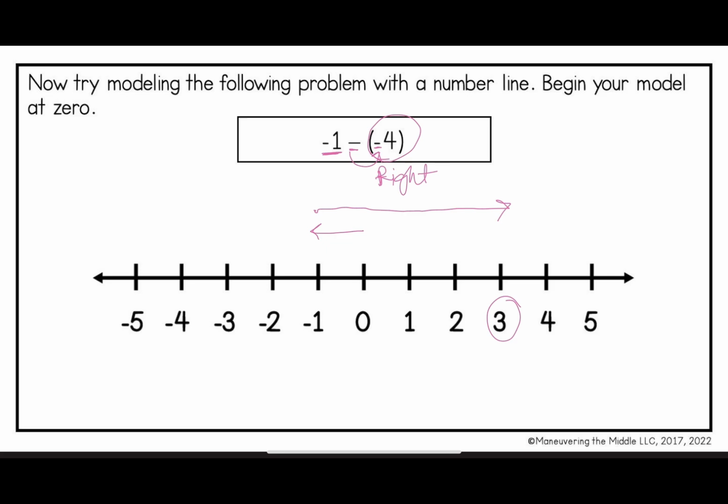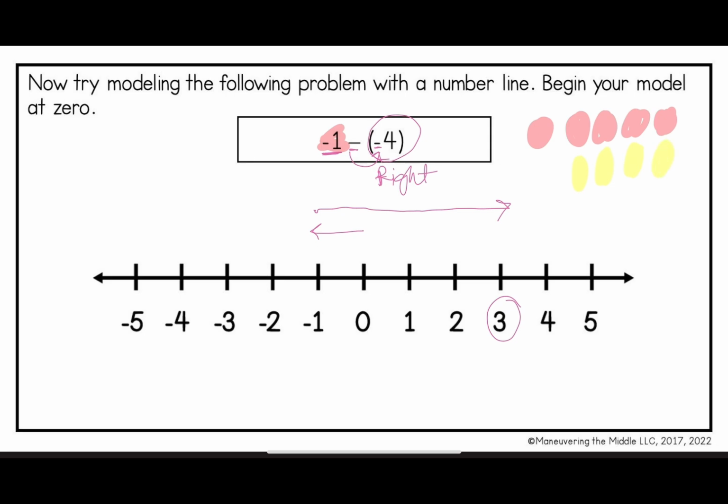Again, if you want to double check your answer, you can start off with 1 negative counter, since that's what we started with, and we need to take away 4 negative counters. Well, I don't have 4 negative counters to take away, so I'm going to add 4 negative counters with their 0 pairs, so 4 positives.